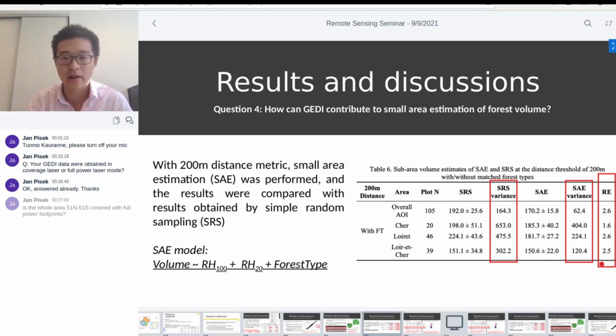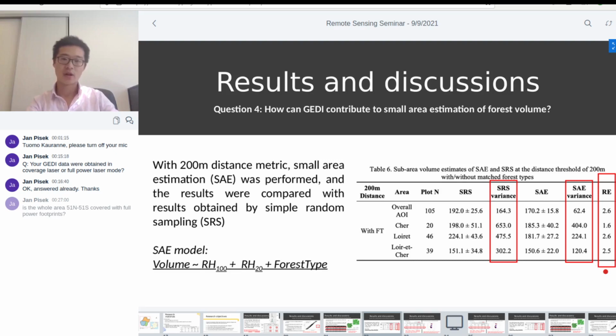But anyway, these results are already, I would say, very much acceptable compared to the simple random sampling method, which is commonly used in the current state of the art.